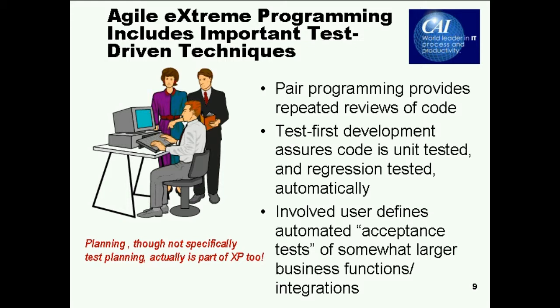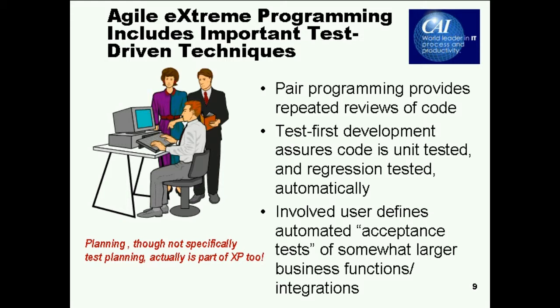Now, Agile development, which on the development side is probably best known through extreme programming, which has been around for around 8 or 9 years, was described in a series of books by Kent Beck and other people. It includes several important test-driven techniques. One of those is pair programming.